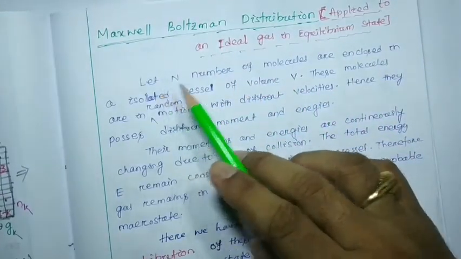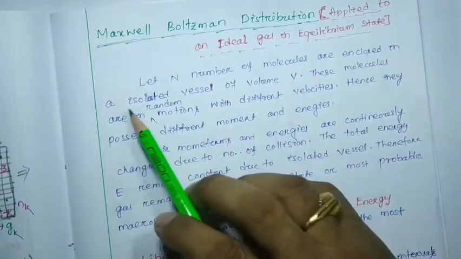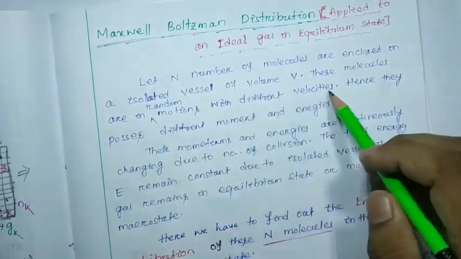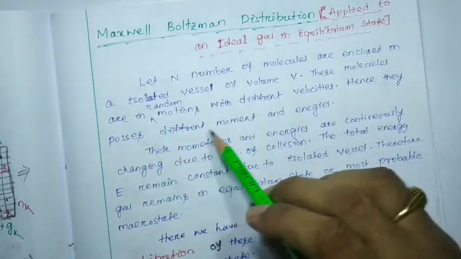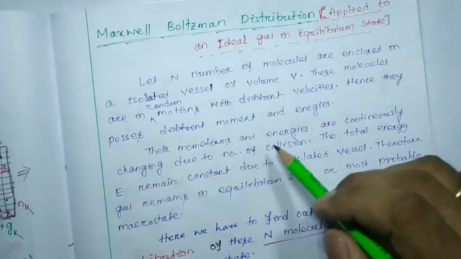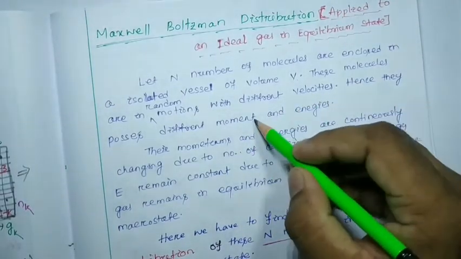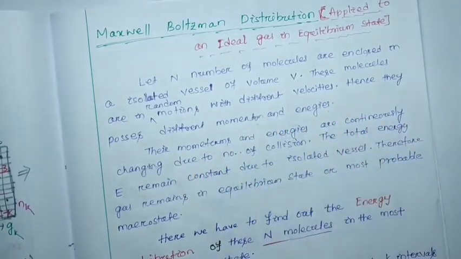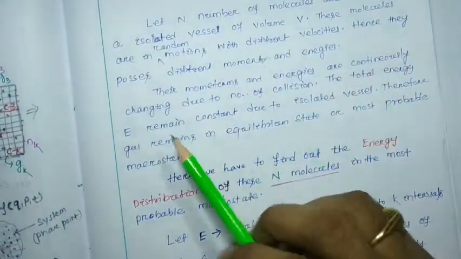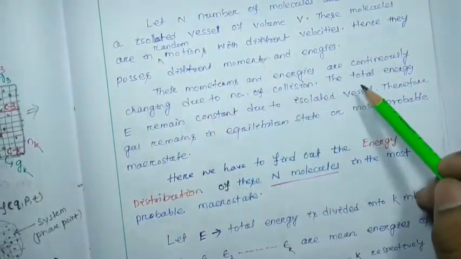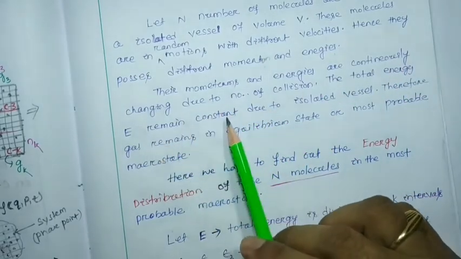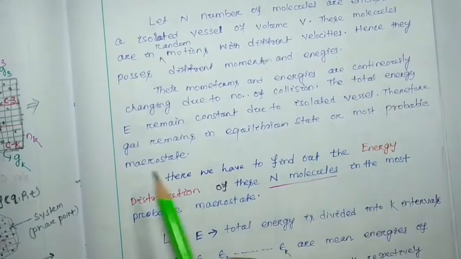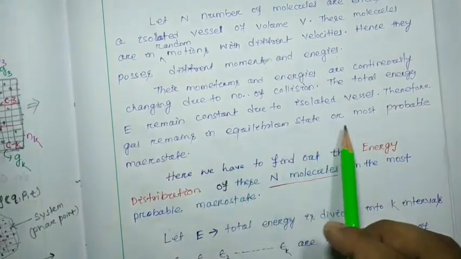So let N number of molecules be enclosed in an isolated vessel of volume V. These molecules are in random motion with different velocities. Hence, they possess different momentum and energies. Their momenta and energies are continuously changing due to a number of collisions. The total energy E remains constant due to the isolated vessel. If it is isolated, obviously total energy will be constant. Therefore, the gas remains in the equilibrium state or most probable state.